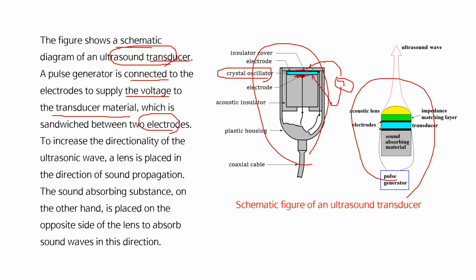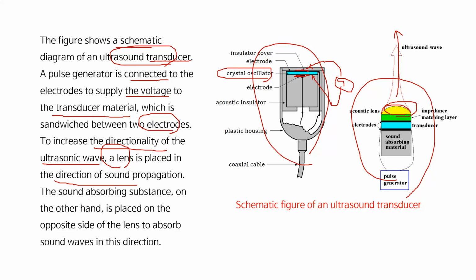To increase directionality of the ultrasonic wave, the lens is placed in the direction of sound propagation. So a lens is made to improve the directionality of the ultrasonic wave.